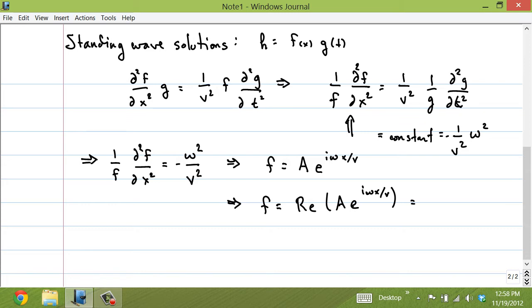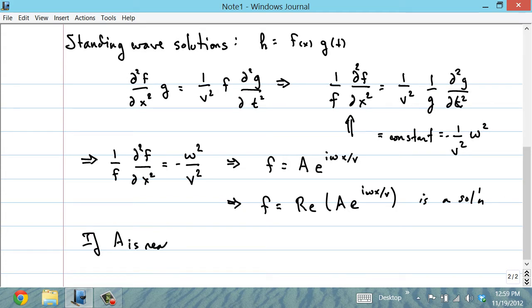So for example, if A is real, then that implies that the real part of A e to the i omega x over v is equal to A times cosine omega x over v.